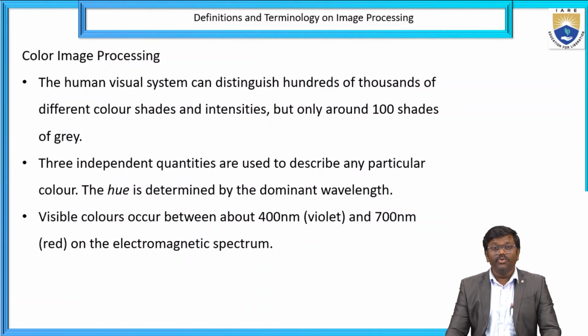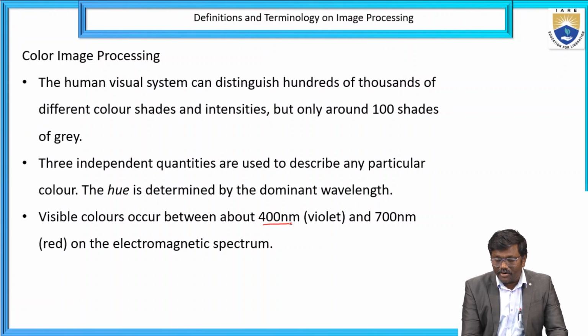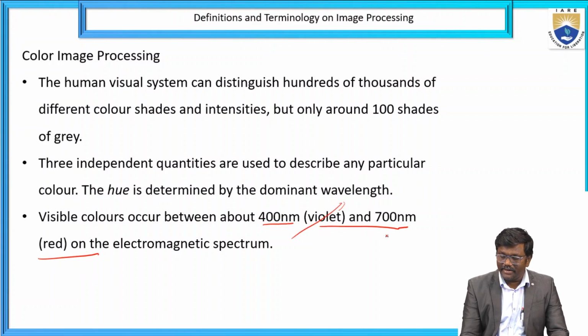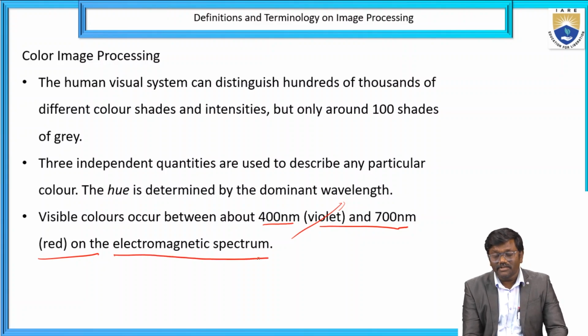That is, hue is determined by the dominant wavelength. Visible colors occur between wavelengths of about 400 nanometer to 700 nanometer, where 400 is the minimum, which we consider violet, and 700 is red, on the electromagnetic spectrum.